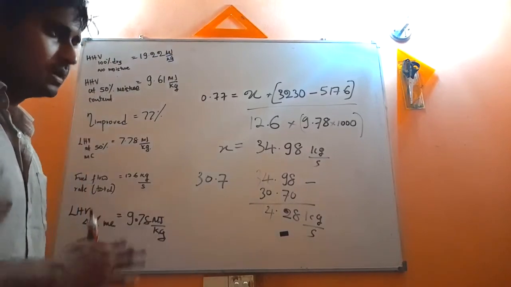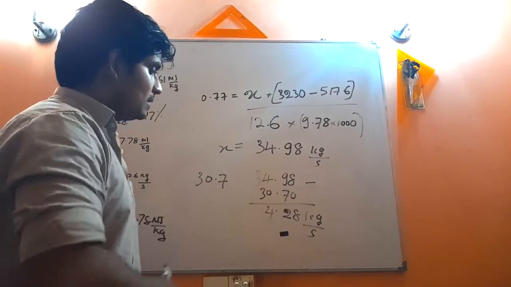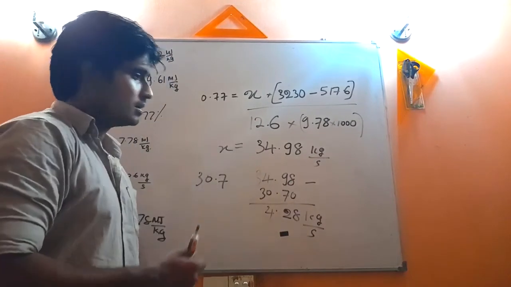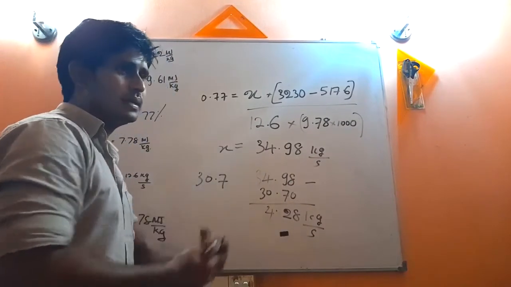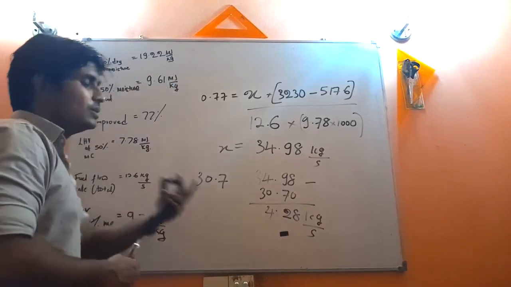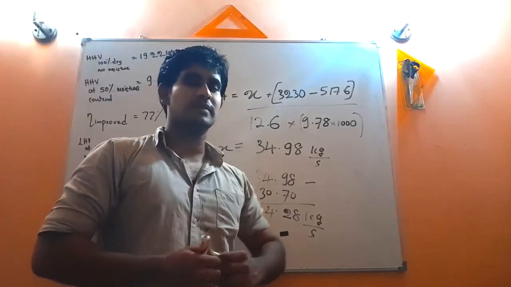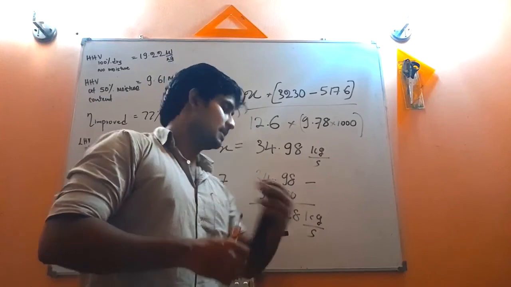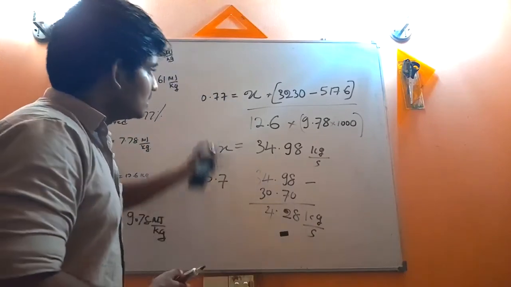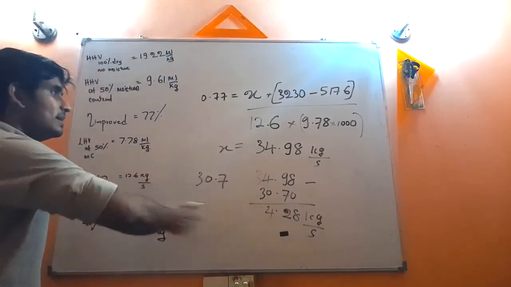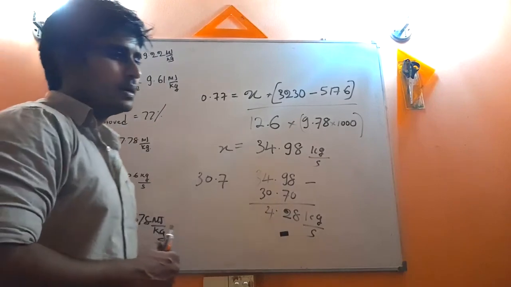Now in this problem it says this extra amount of steam flow rate is entirely used for the production of electricity, and it is very clear that there is an increase in the steam flow rate and it is directly used for electricity production.